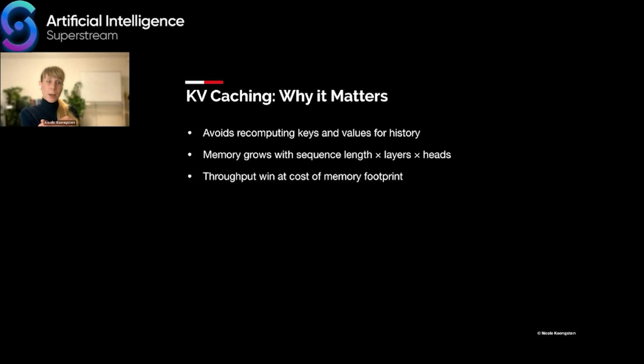Those models compute the next token based on the prior values. So the key values aren't changing, so we can reuse them for the generation of the next token. And this is where key caching speeds it up. So we have a higher throughput win at the cost of memory. The memory, of course, grows with the sequence length, with the layers you have in your model, and with the heads you have in your model.